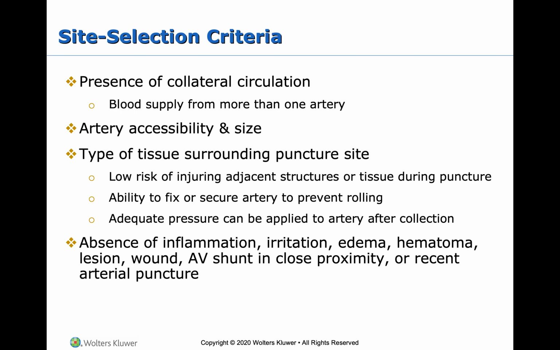This is very important. If a patient has an AV shunt or fistula on the arm that you are contemplating drawing from, you're not drawing from that arm. An AV shunt or fistula is basically, if a patient is on dialysis, that's pretty much their lifeline.